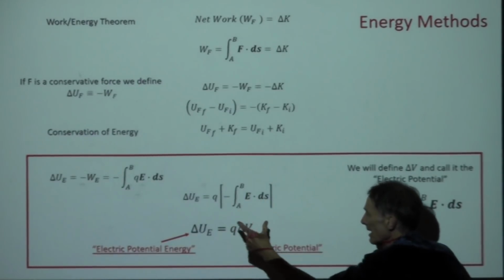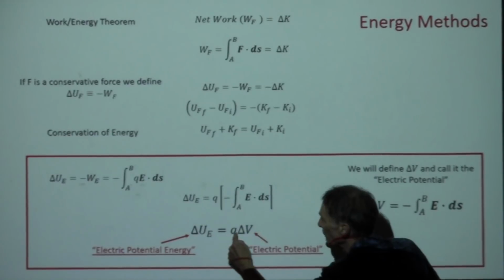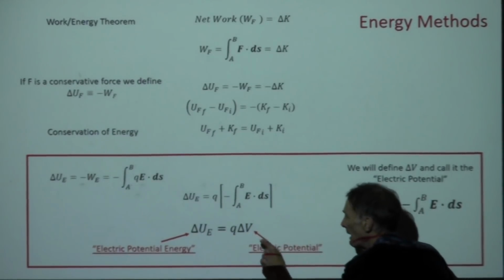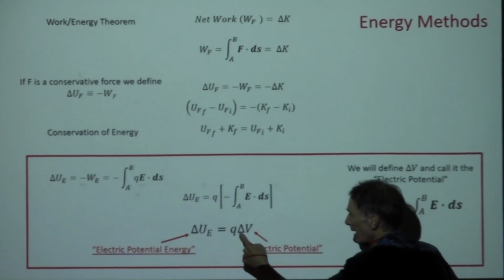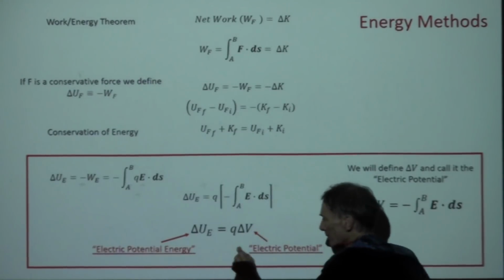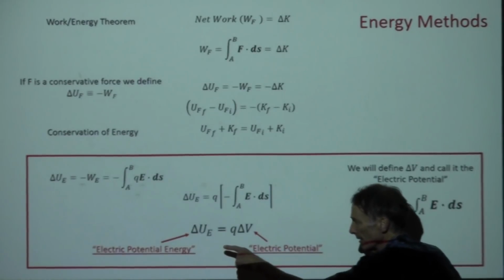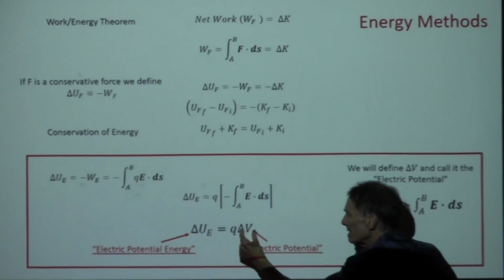We'll call this the electric potential. And I'll put the q out in front of the electric potential. And the idea is that, kind of like the electric field, we factor this charge out, and then when we actually want to get something like electric potential energy that we can use like we did back in 121, we can just take that charge times the electric potential.